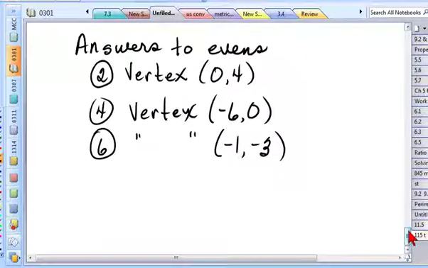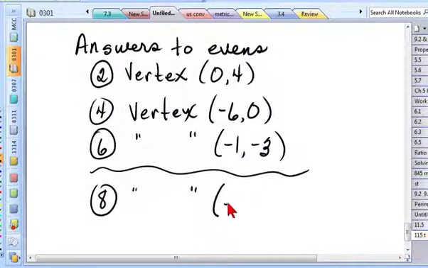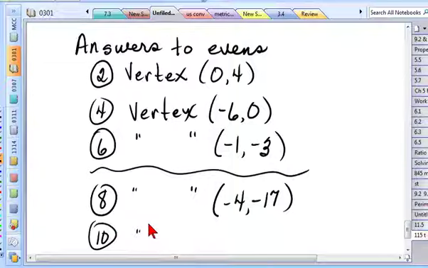All right, those are all from standard form. Now from general form, number 8, the vertex is negative 4, negative 17. And number 10, the vertex is negative 1, 14.